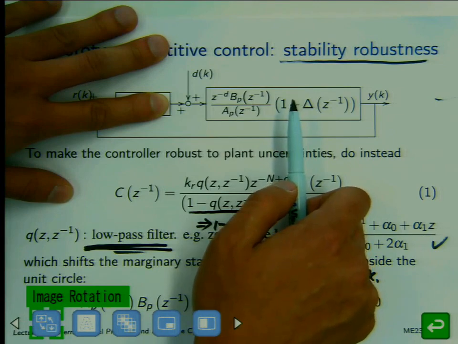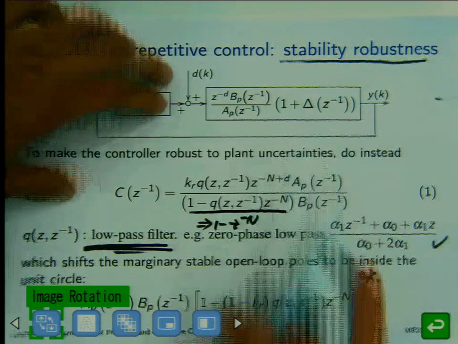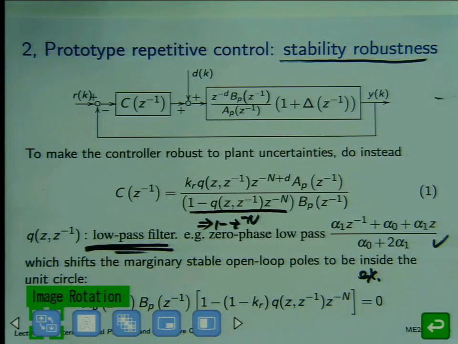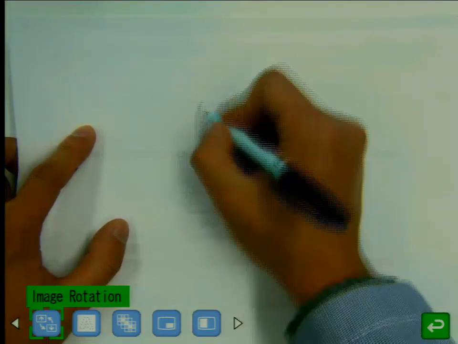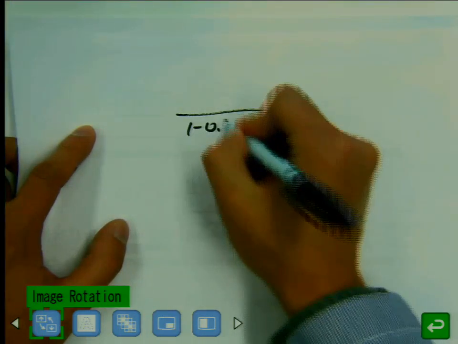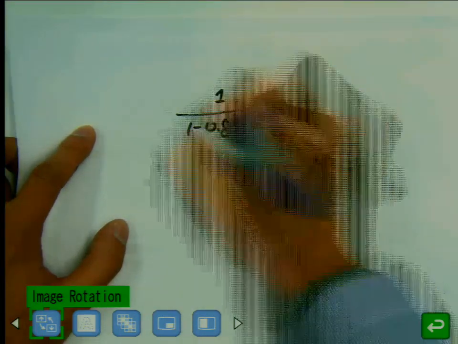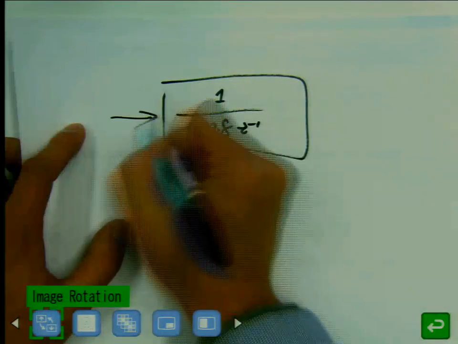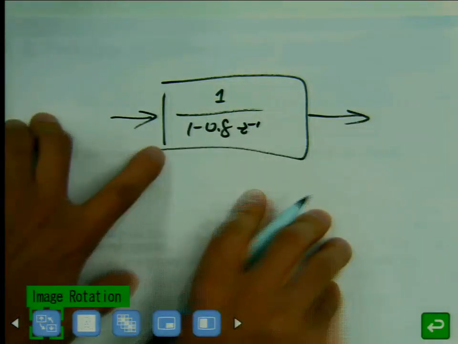Open loop system, if it's stable, it's stable. So when we talk about, for example, just consider a transfer function. Let's say my transfer function of the plant is a simple example, 1 minus 0.8 z negative 1, 1. Let's say this is my system. This is the plant.